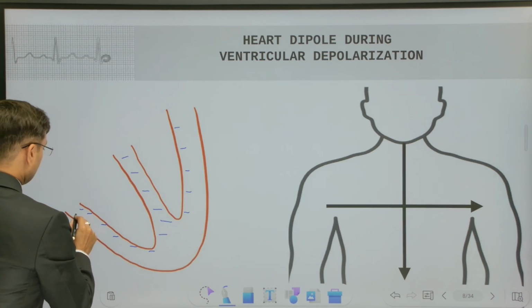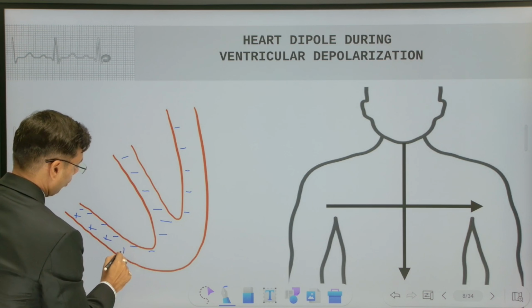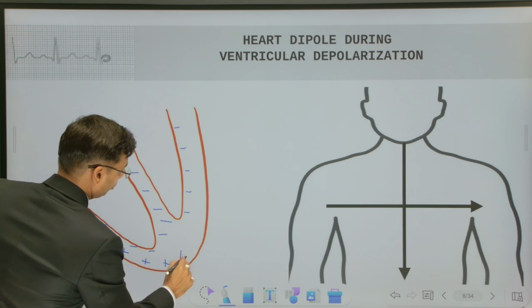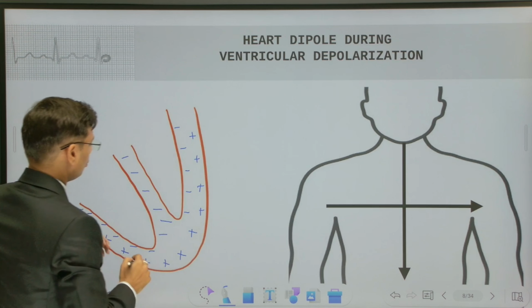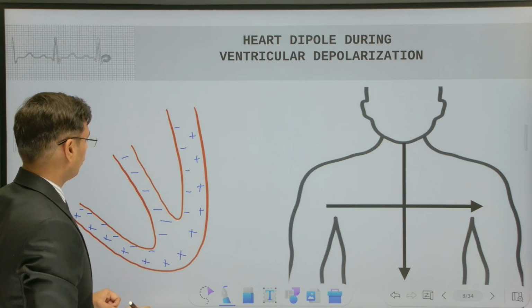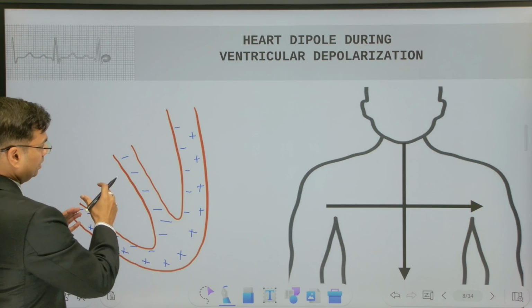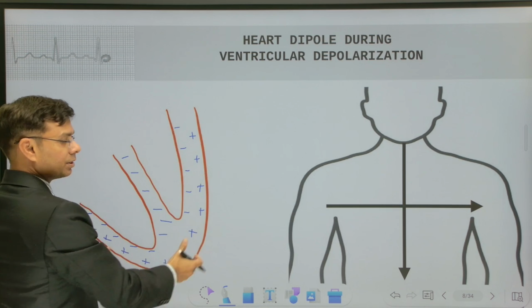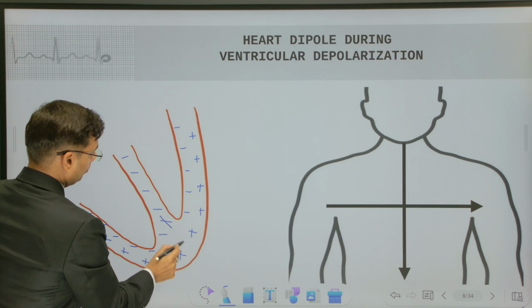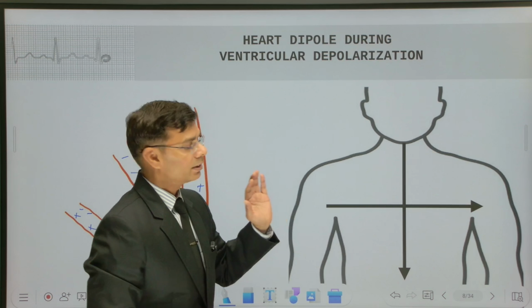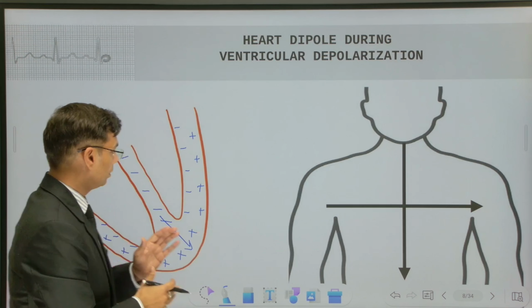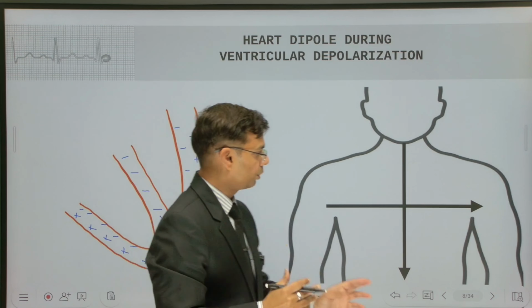So the epicardial region is still not depolarized. So a charge distribution of this sort will form. So we can think this is the negative center and outside is the positive center. So some vector something like this will form out. So in this way we can say the depolarization is still going on.